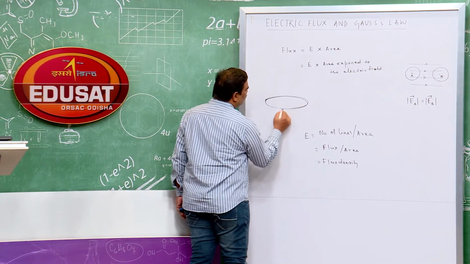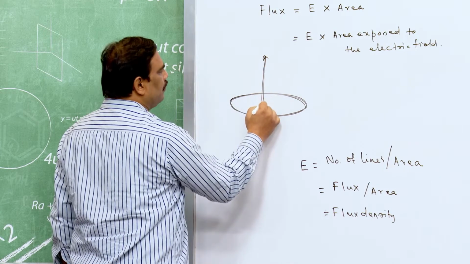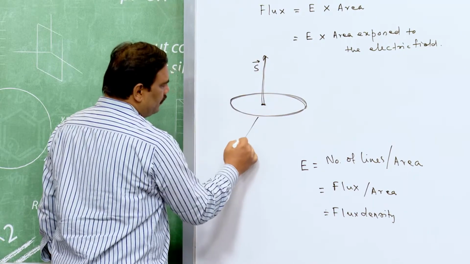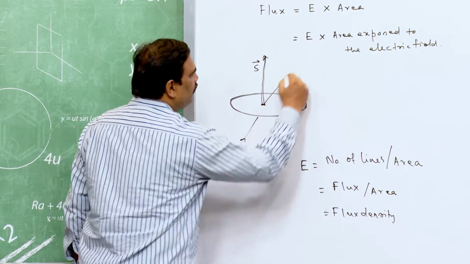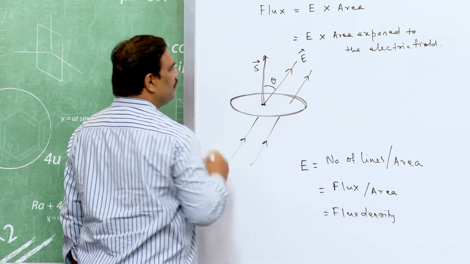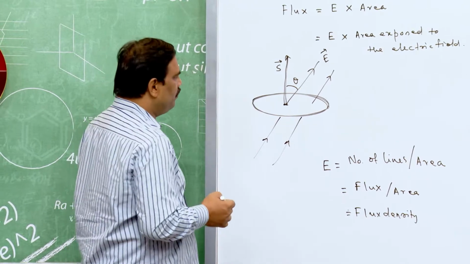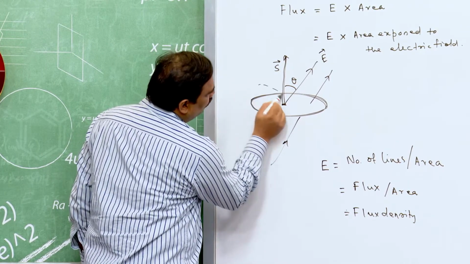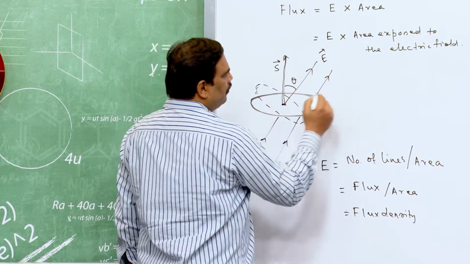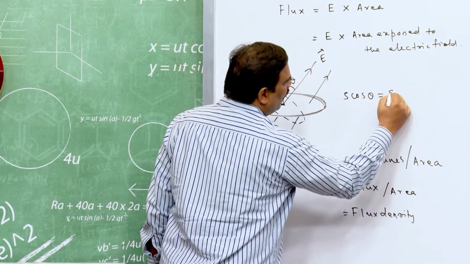If I consider this is my area and the direction of area is given by this vector, and suppose the electric field lines are making an angle theta to S. Therefore, the effective area of cross section encountered by the electric field is S cos theta, which is my exposed area.